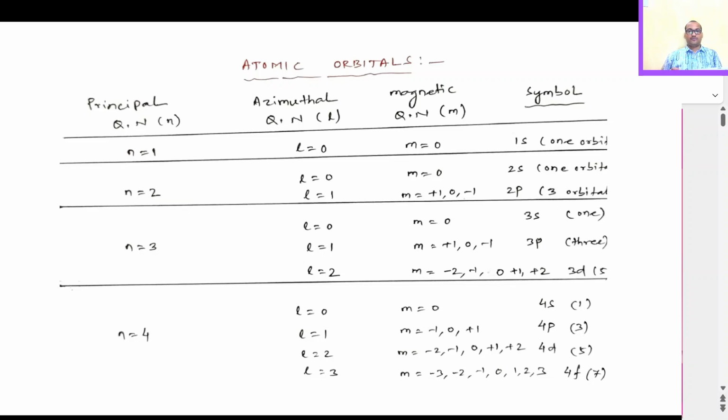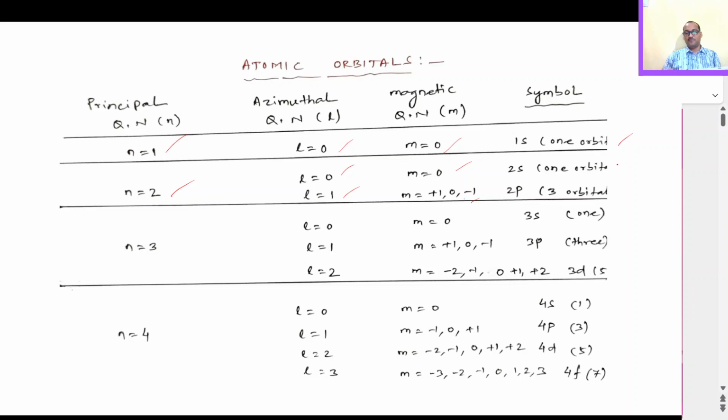Now we come to the atomic orbitals, how they are related to these n, L, m values. For the principal quantum number n equal to 1, the L value is 0, and the allowed m value is also 0. So the symbol is 1s orbital. Similarly, for n equal to 2, L can have two values, 0 and 1. The m value can be 0, and m values -1, 0, +1.